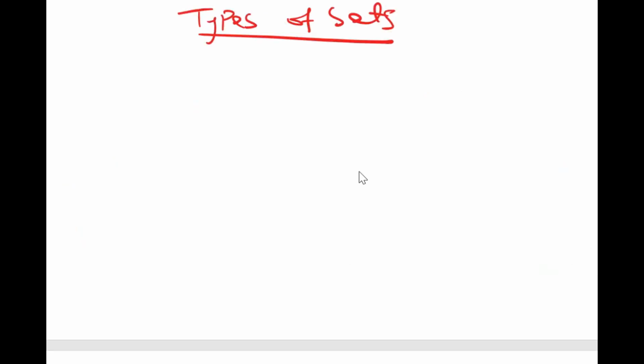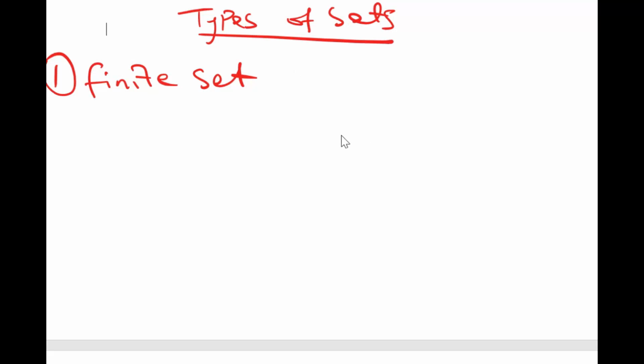Types of sets. There are different types of sets. The first one we shall consider is the finite set. A finite set is a set having a finite or a countable number of elements. In other words, it is known as a countable set.